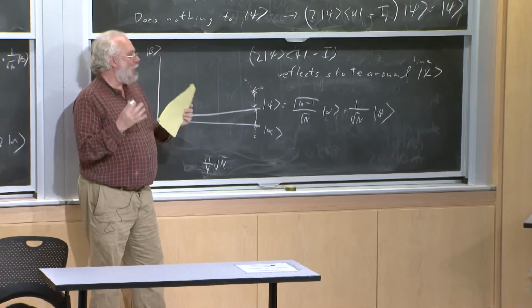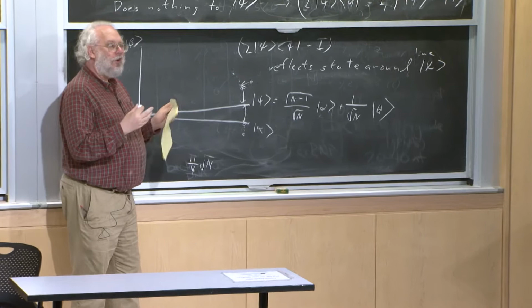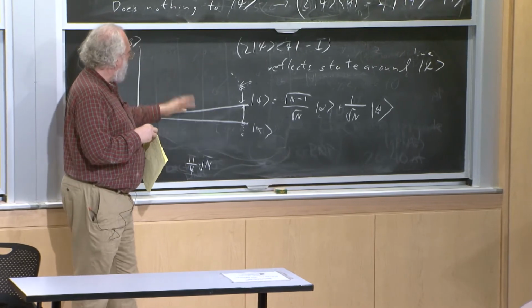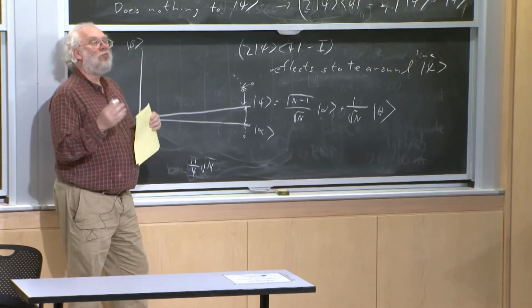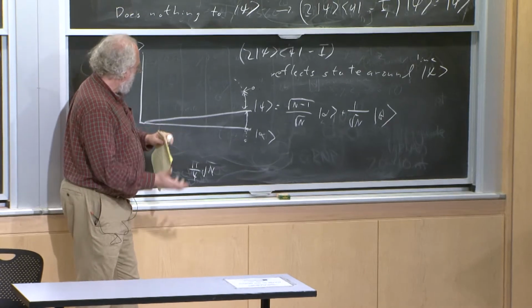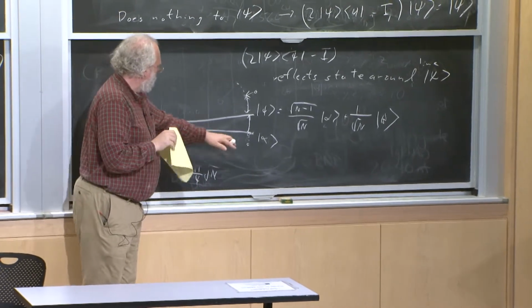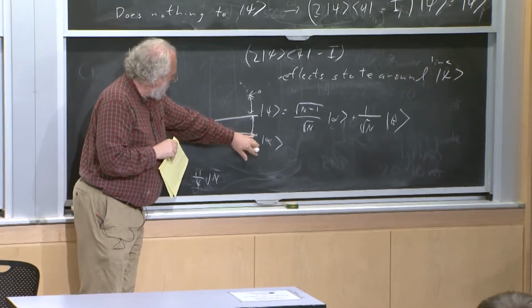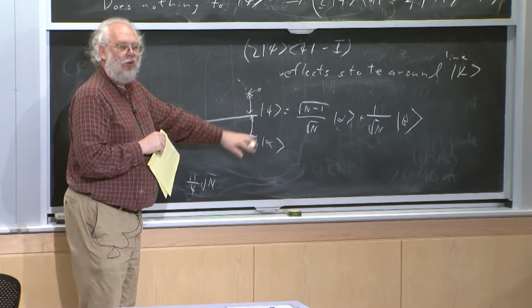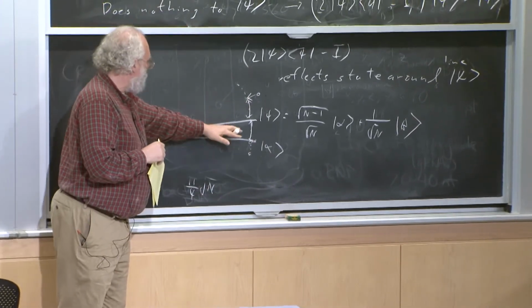And it's a unitary transformation, which means it preserves the plane. So if this point gets reflected up to here, the entire plane has to be reflected around this line.